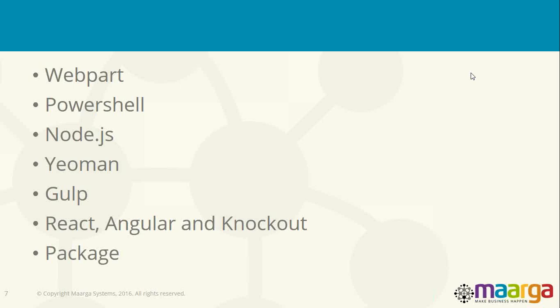And lastly, packages are where our web parts or the components are all bundled together, and this is done using the Gulp tool, and they can be deployed in an SPO environment.